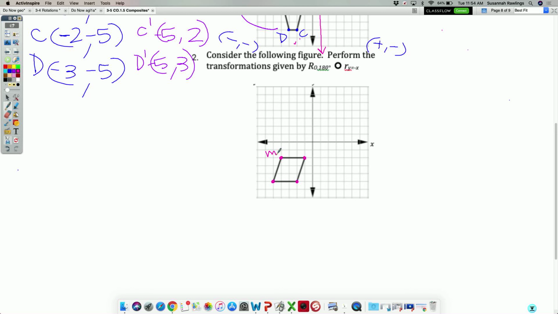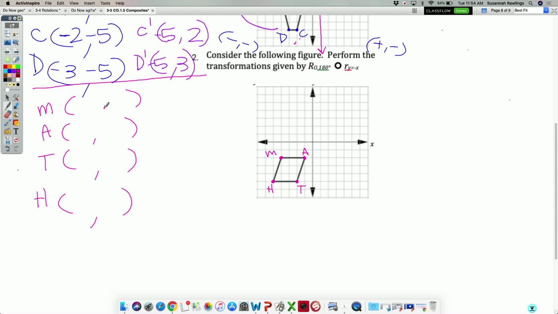So let's do M, A, T, H. And let's go ahead and write down our pre-image points. Right, so write down your pre-image points for M-A-T-H.